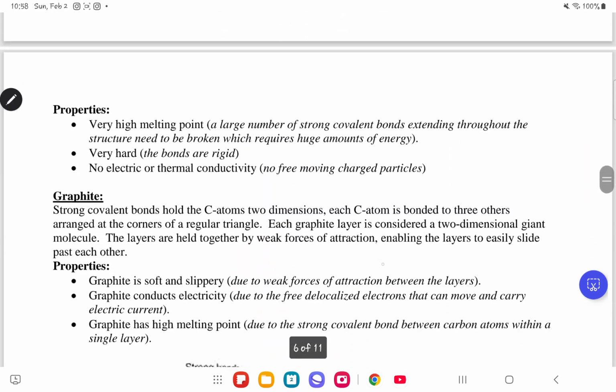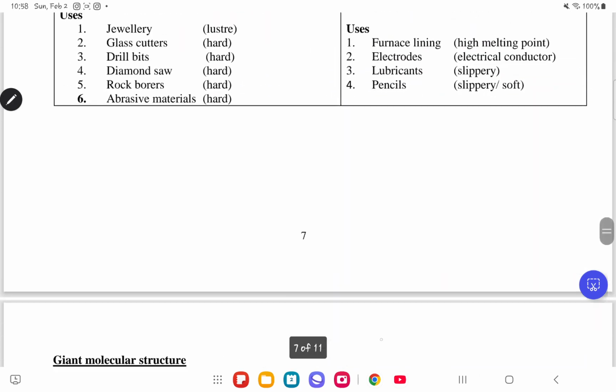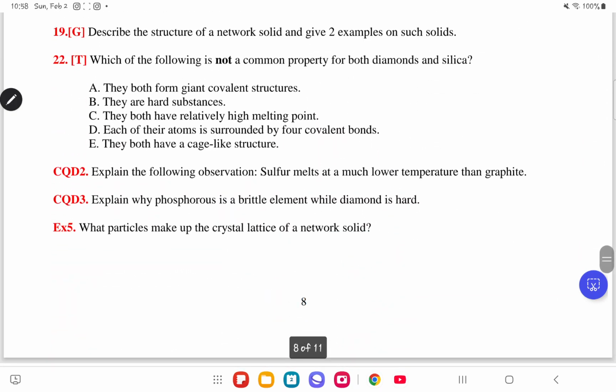So now we move on to CQD19 grid. They said, describe the structure of a network solid and give 2 examples of such solids. Very simply, a network solid is a giant 3D structure made of millions of atoms or molecules held together covalently, meaning they share electrons, okay?